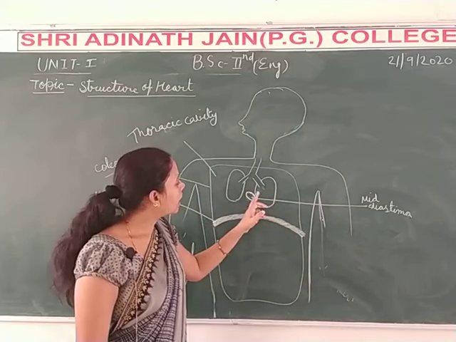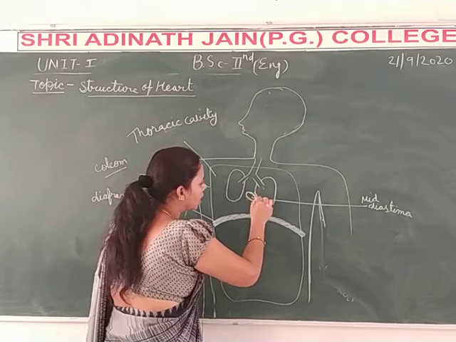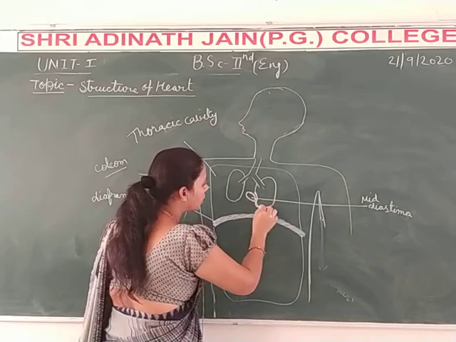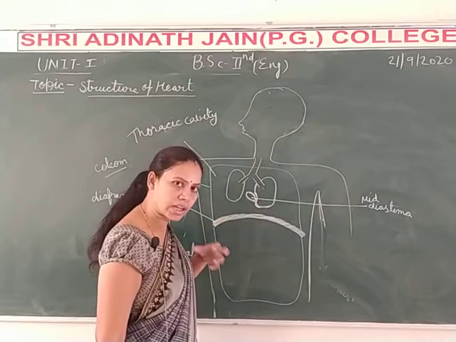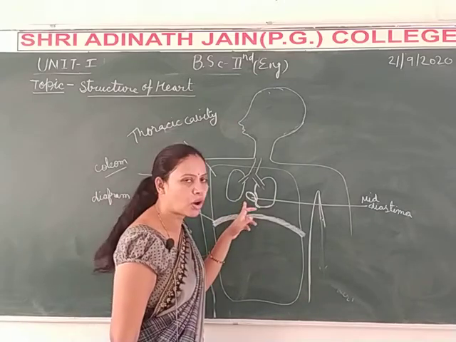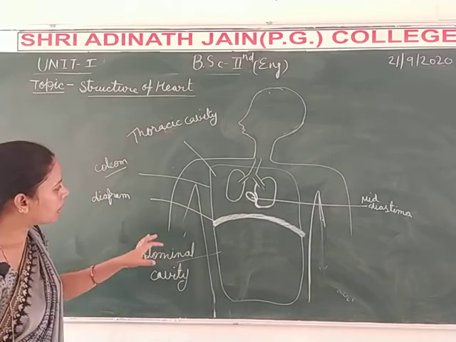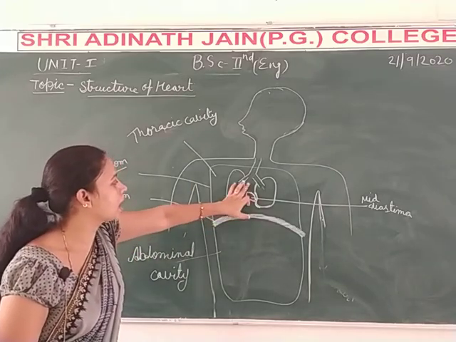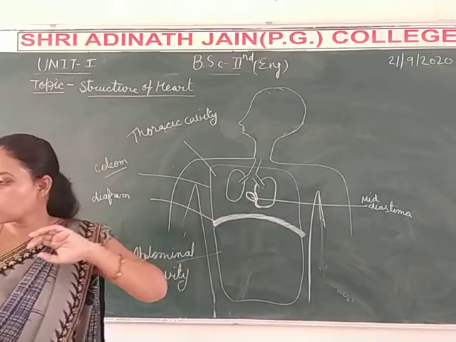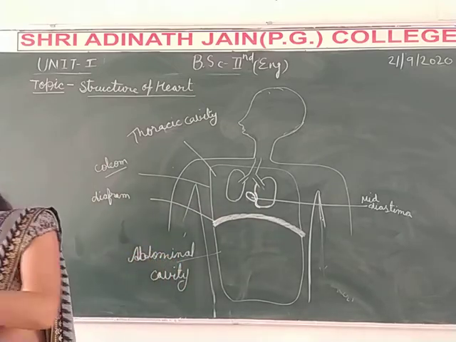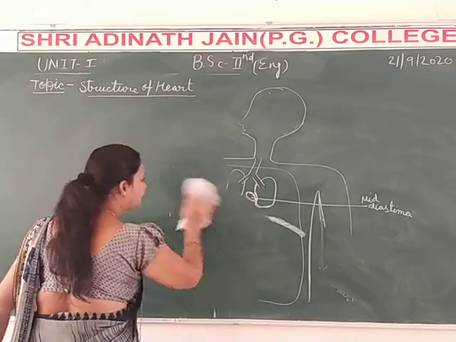That's why the left lung has a shape like that, because the heart is situated here. So the position of the heart is in the mid-diastema area. ठीक है? So this is the location of the heart.